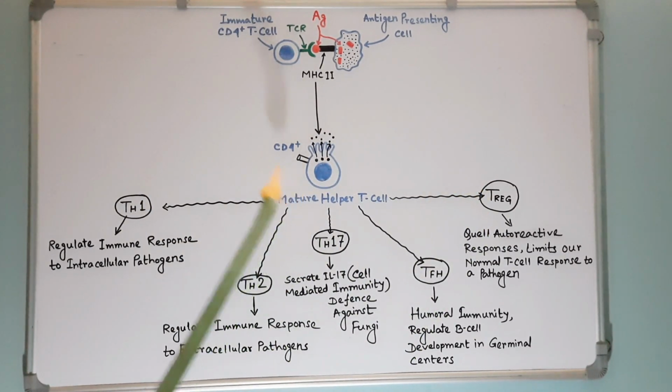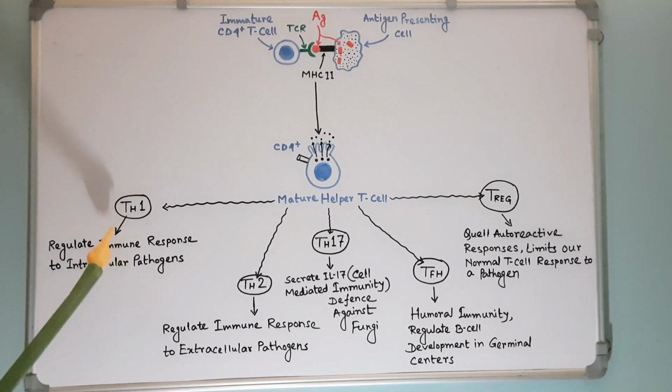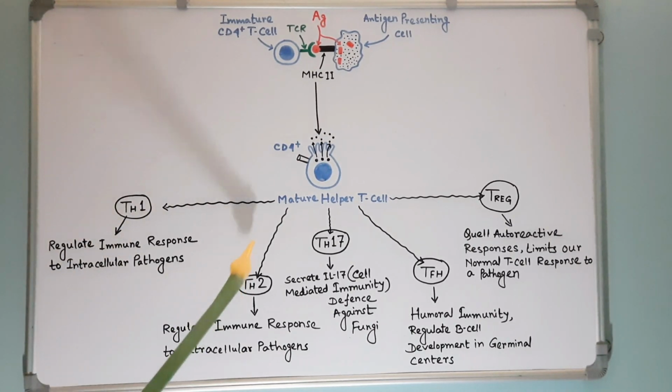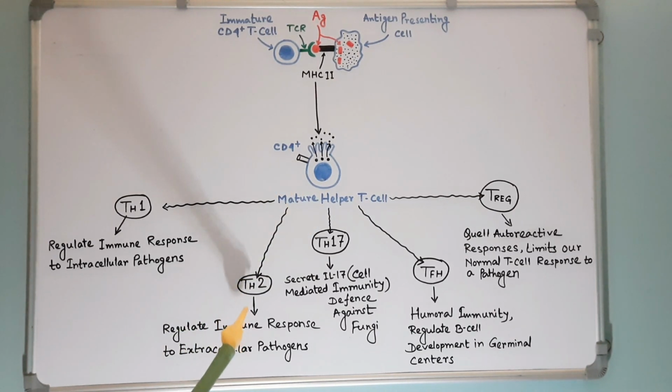When they differentiate into T helper type 1 or Th1 cells, then Th1 cells regulate the immune response to intracellular pathogens. When they differentiate into T helper type 2 or Th2 cells, then Th2 cells regulate the immune response to extracellular pathogens.